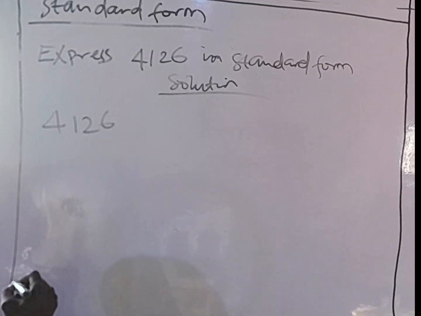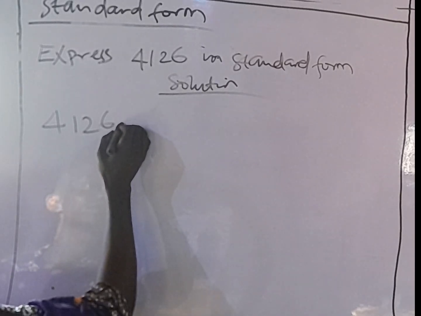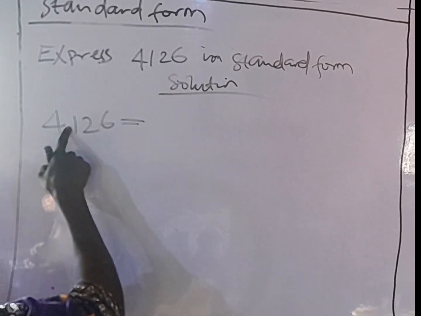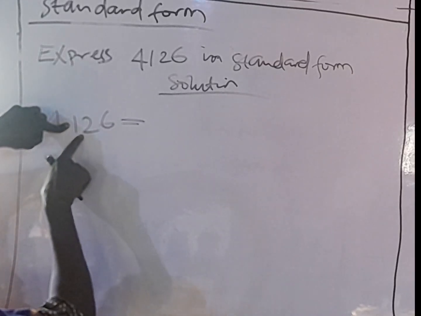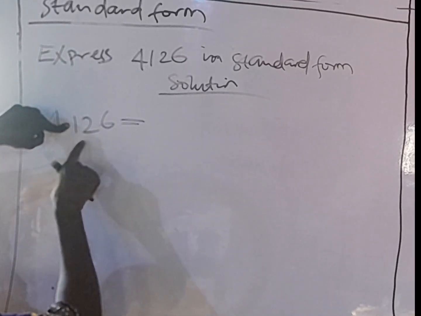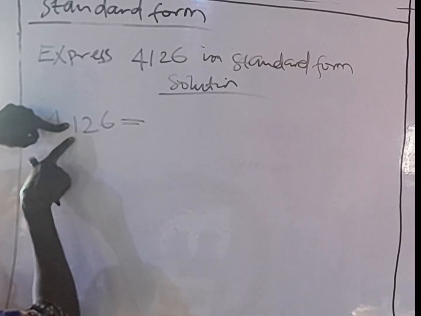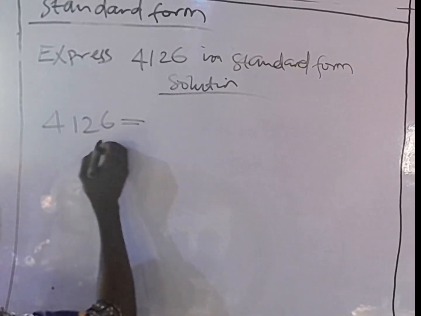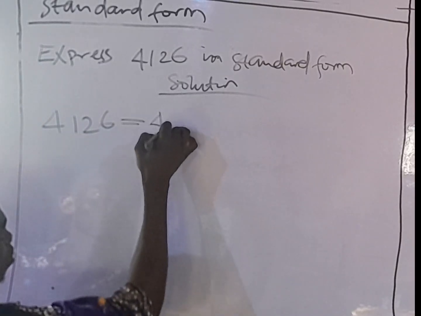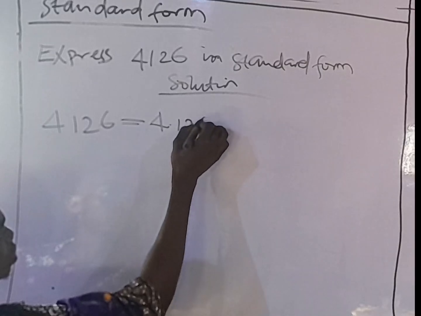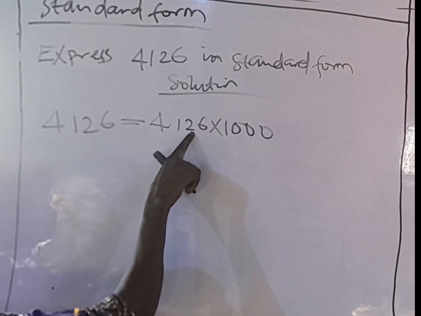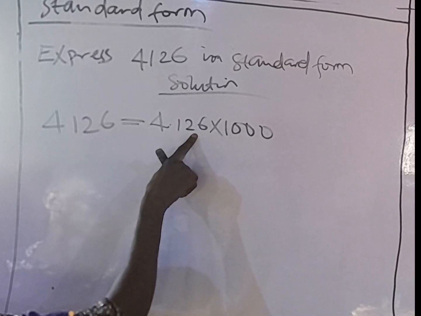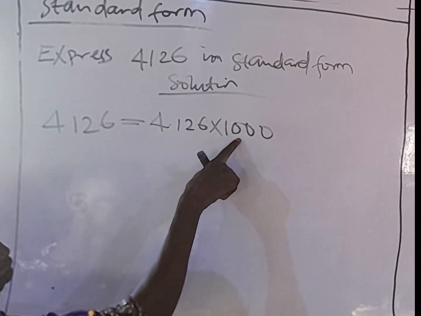So this is equal to, if I put my decimal point here, how many digits do I have on my right hand side? I have 3 digits, that is 1, 2, 3. That means this is the same as writing 4.126 times 1000, because I have three digits, that is why I have 000.